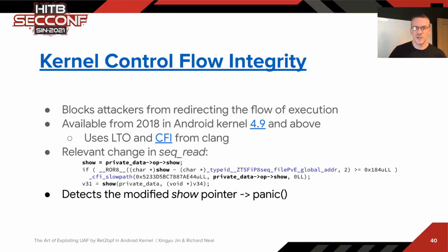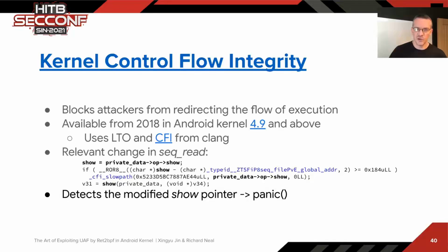For indirect calls, the compiler essentially inserts a check on the target address just before the call happens. If the target address is not in the list of allowed addresses for that call site, the kernel panics and the attacker does not get to call the address they wanted to. As shown on the slide, in this case, trying to use the modified seek file operations would have been detected.